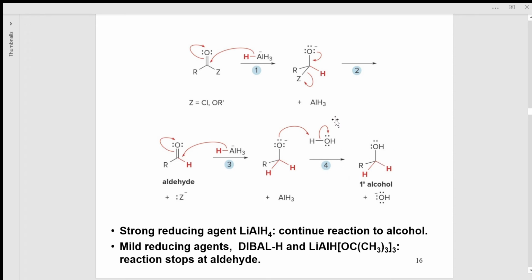But with a mild reducing agent, the aldehyde is the middle product. If we use lithium aluminum hydride, a very strong reducing agent, we can form the final product alcohol. If not a very strong reducing agent, the reaction will stop here.